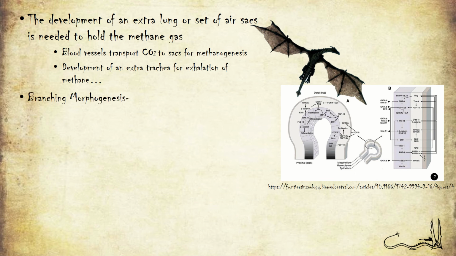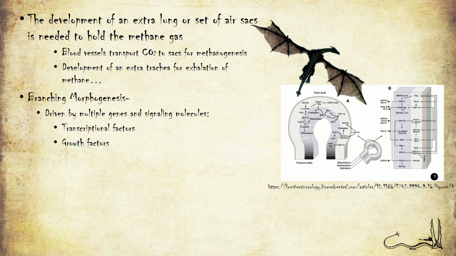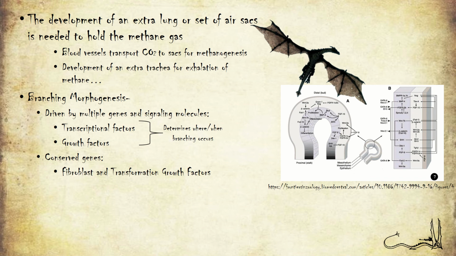And the development of these organs is going to be done by branching morphogenesis, which is driven by multiple genes and signaling molecules such as transcription factors and growth factors. And these factors determine where and when the branching occurs. Now, these are performed by genes that are conserved across species, and these include fibroblast and transforming growth factors and bone morphogenetic proteins, which we discussed earlier during the formation of the dragon wing.